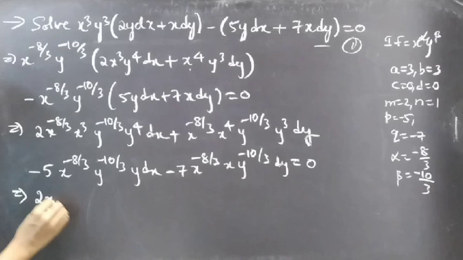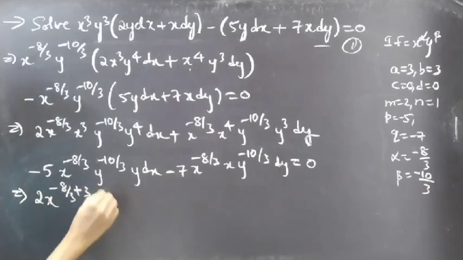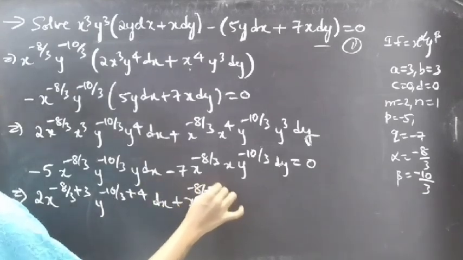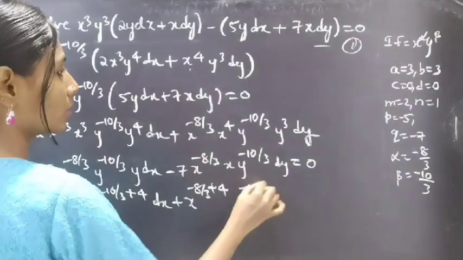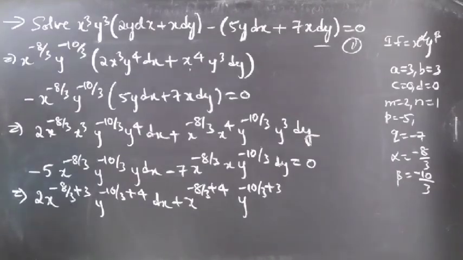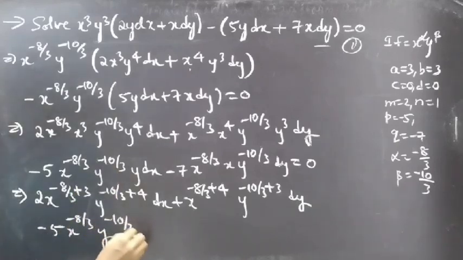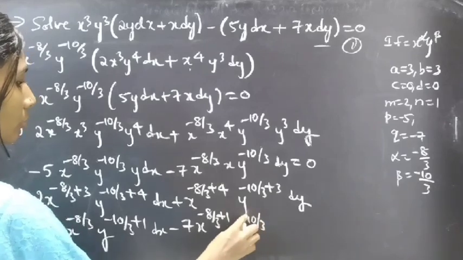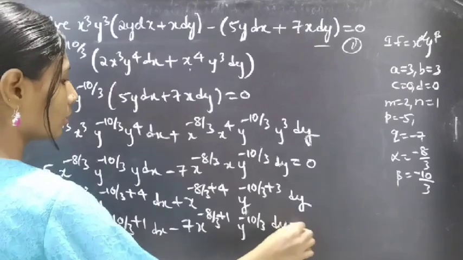You'll get 2 into x power minus 8 by 3 plus 3, y power minus 10 by 3 plus 4 into dx plus x power minus 8 by 3 plus 4, y power minus 10 by 3 plus 3 into dy minus 5 into x power minus 8 by 3, y power minus 10 by 3 plus 1 into dx minus 7 into x power minus 8 by 3 plus 1, y power minus 10 by 3 into dy equal to 0.